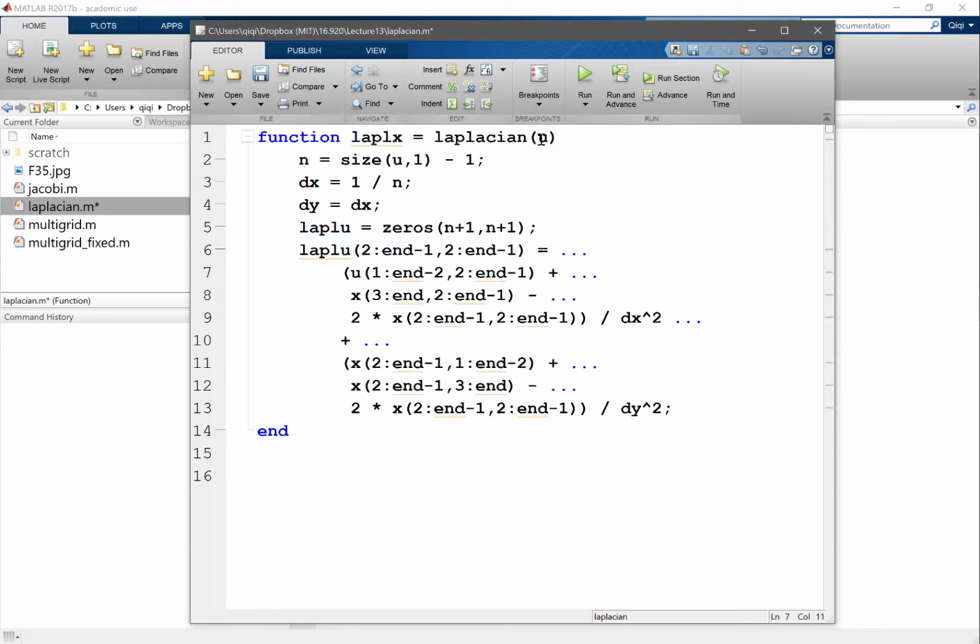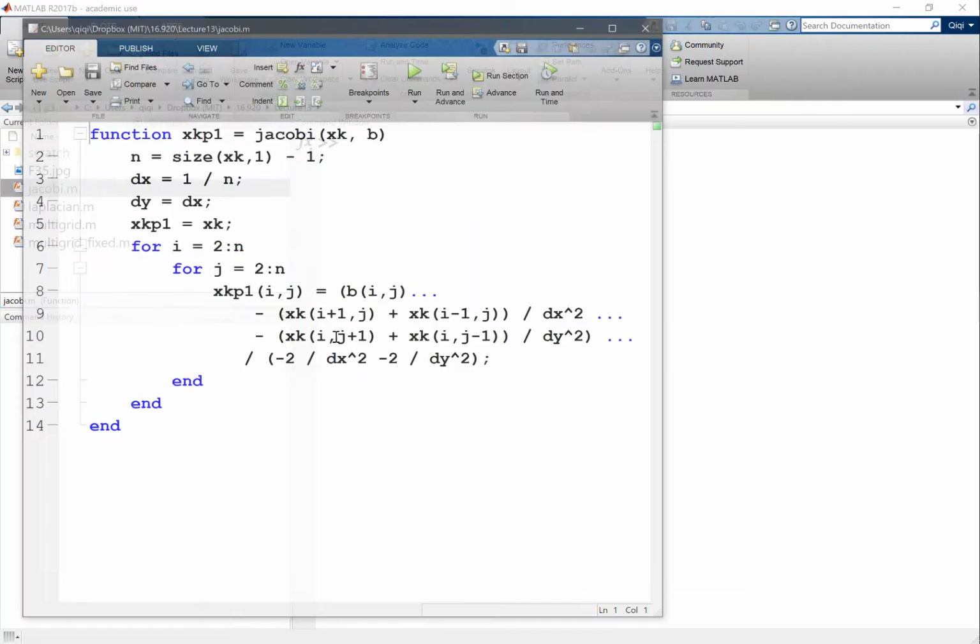Basically we are taking the finite difference operator, the second derivative in x plus the second derivative in y, and that's returned as the Laplacian of U. So calling this function is equivalent to multiplying a solution with our matrix A times U.